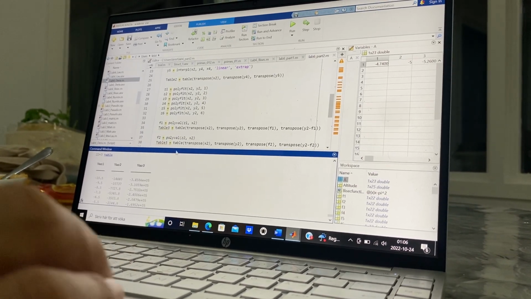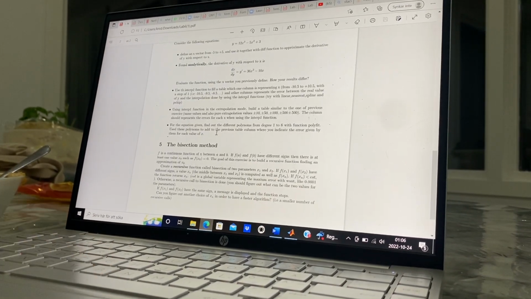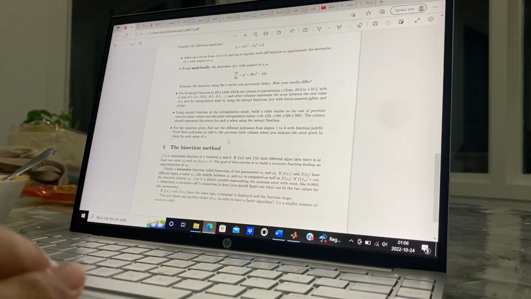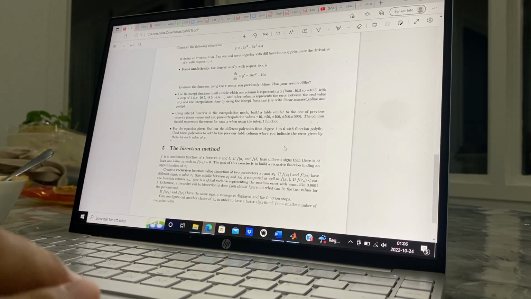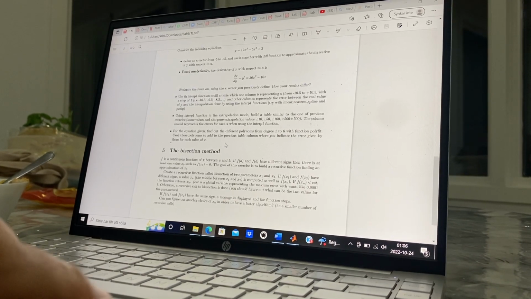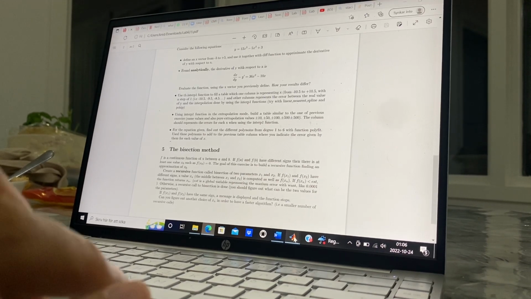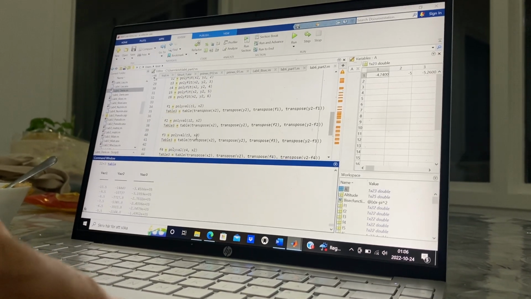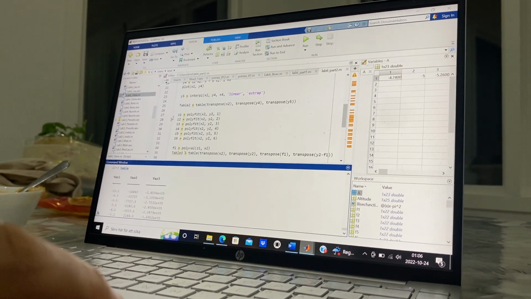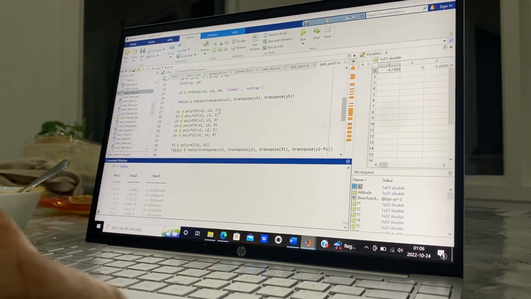And then I used the polyfit, and for the equation given, I used the polyfit function to find out the different polynomials from degree 1 to 6. I gave a name for each degree, and in the polyfit I put x2, y2, and 1.